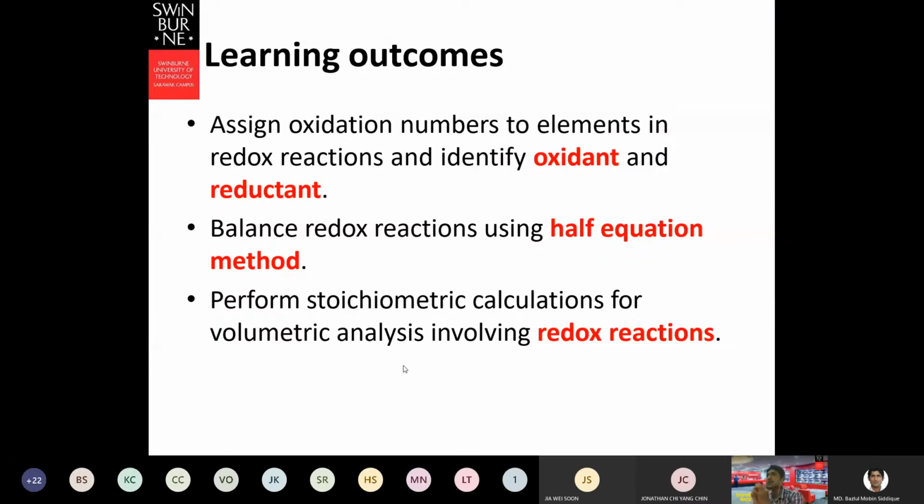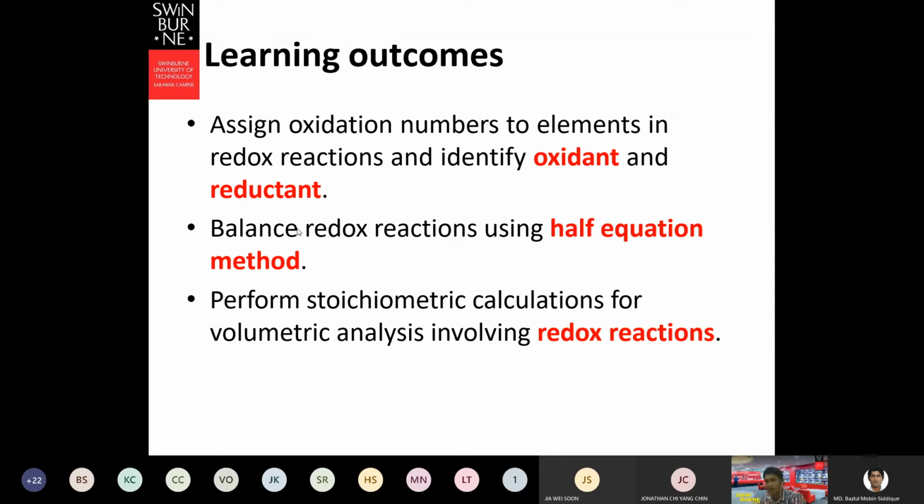Our learning outcomes for this are, first, oxidation number. We have to assign the oxidation number first to know whether an oxidation is happening or a reduction is happening. Then balance the half reaction or half equation.